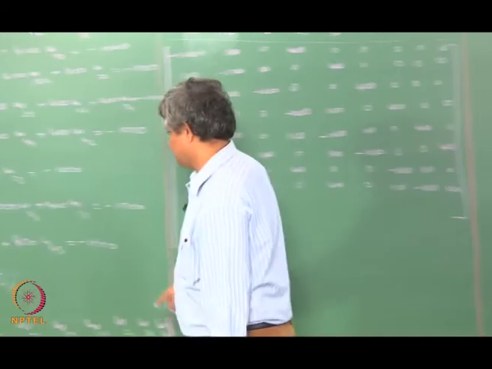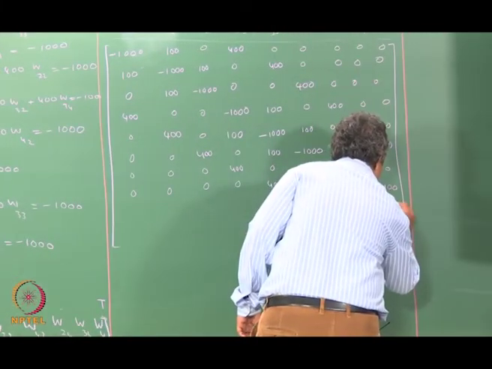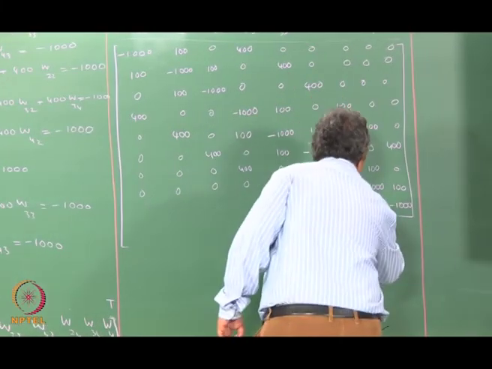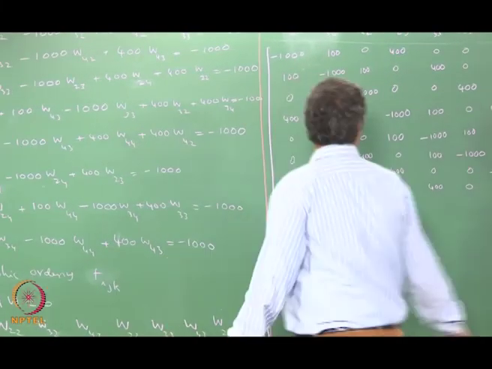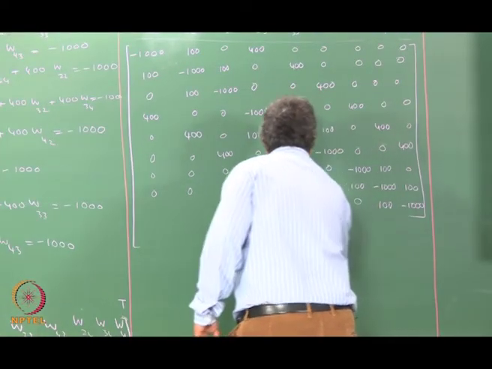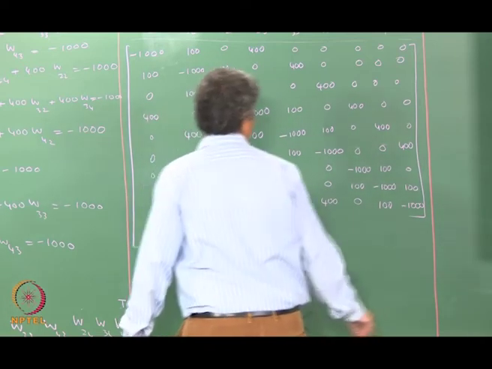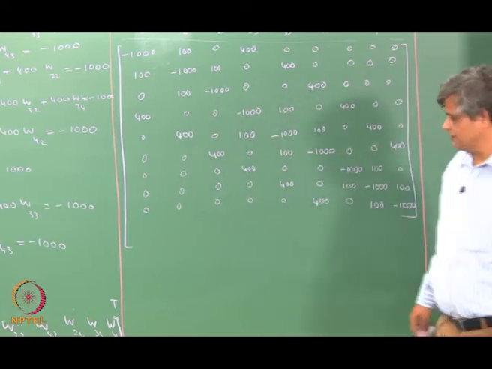And then we come to the last equation, which is 44 is minus 1000, 34 is 100, and 43 is 400. So this is our coefficient matrix.